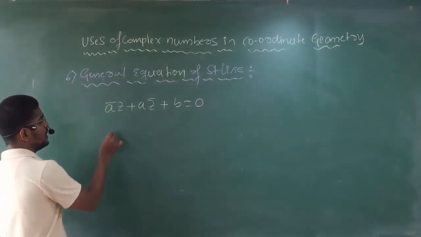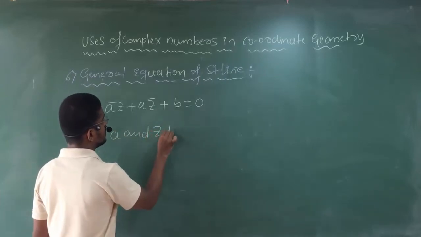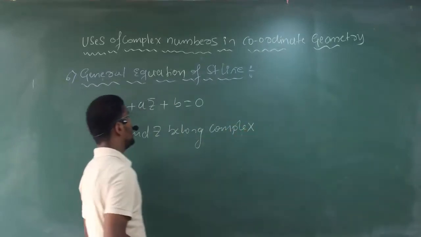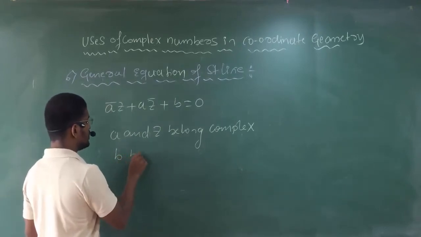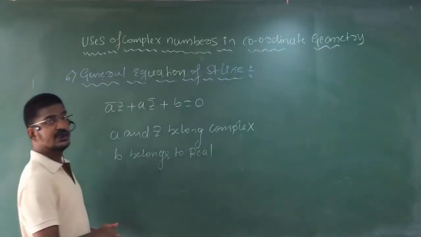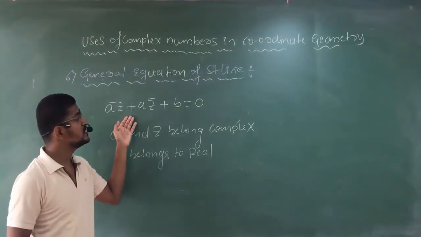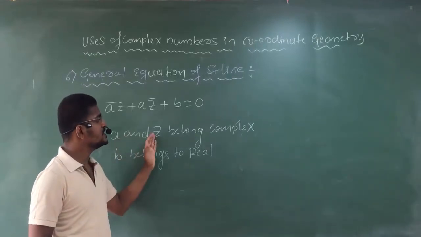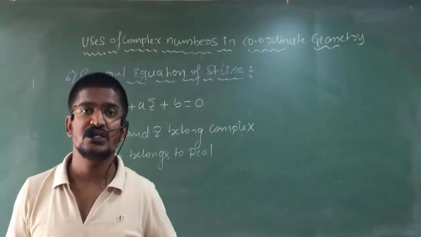Please observe here that a and z belong to complex numbers, and b belongs to real numbers. That means the general equation of the straight line is a bar z plus a z bar plus b equal to 0, where a and z are complex numbers and b is a real number. Clear, students?